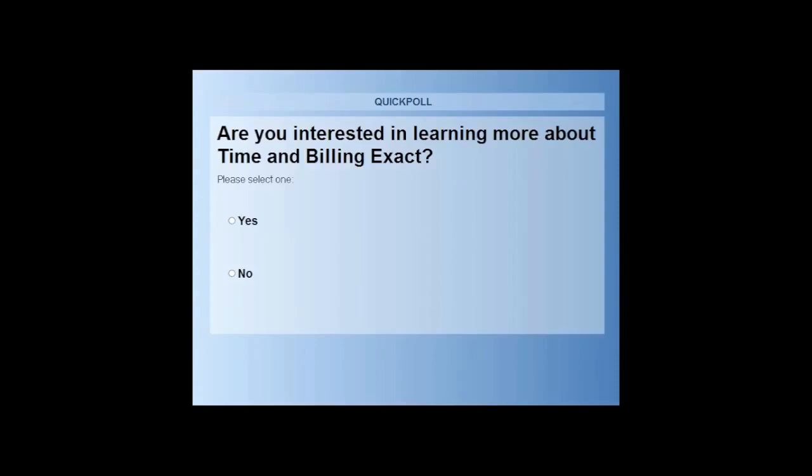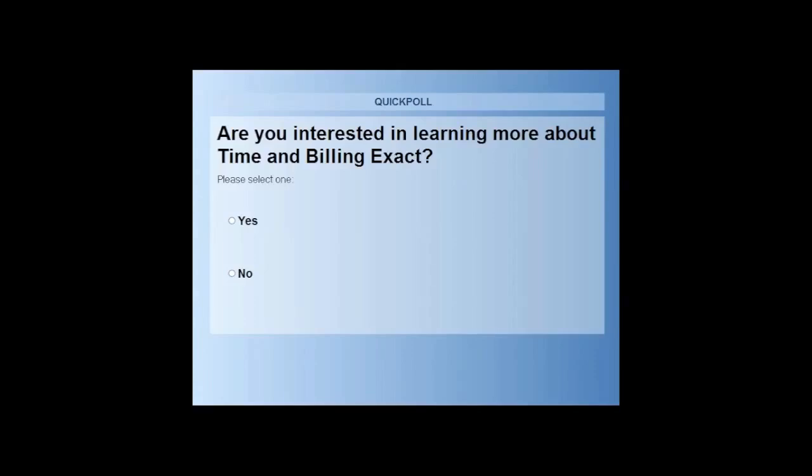And this is a double question. Did you say that if we are current with Time and Billing or Timekeeper maintenance, we already have Time and Billing Exact? There are two parts to this question. Did you say 15 users or 50 users?